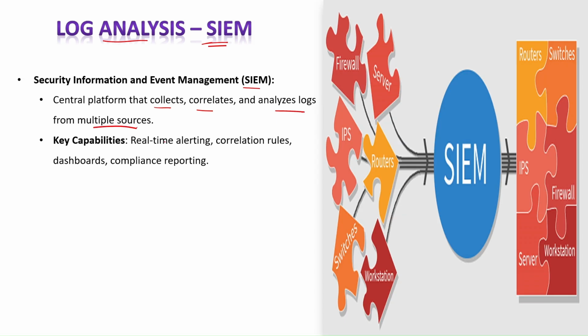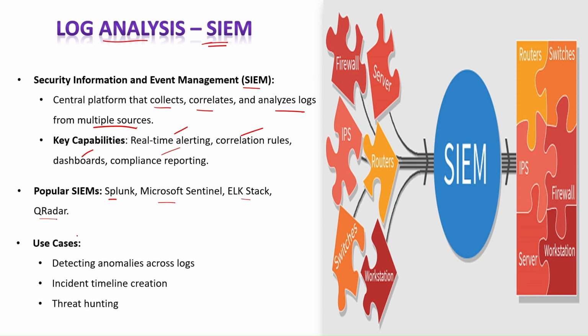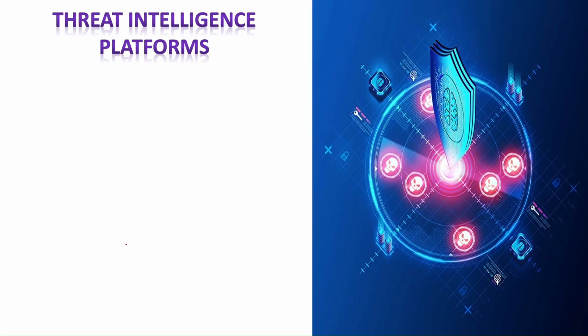Key capabilities of SIEM include real-time alerting, correlation rules, dashboards, and compliance reporting. Some popular SIEM platforms are Splunk, Microsoft Sentinel, ELK Stack, and QRadar from IBM. And use cases of SIEM include detecting anomalies across logs, incident timeline creation, and threat hunting.